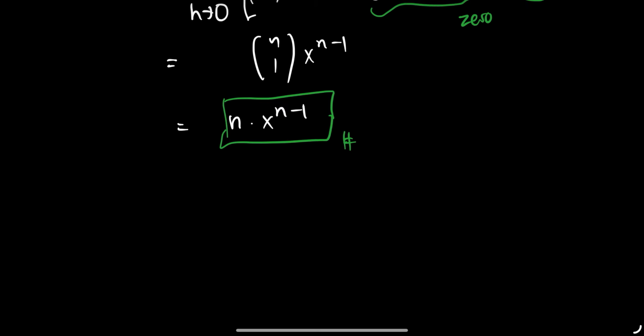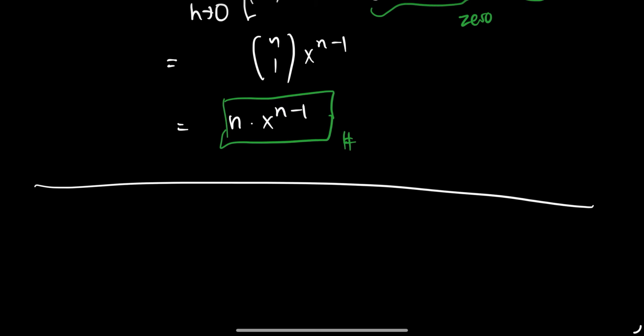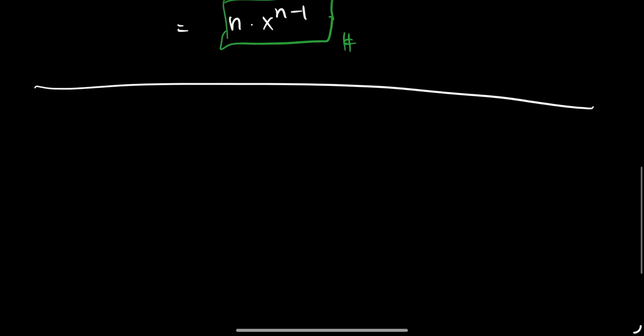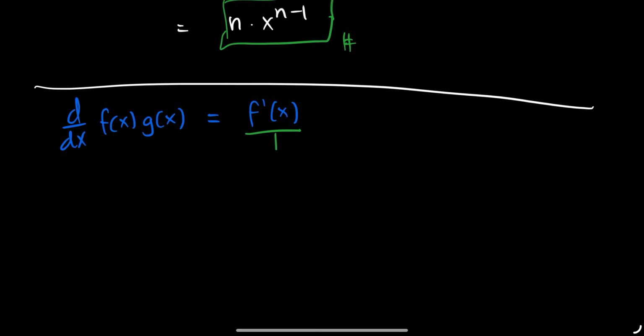Simple. So let's do the product rule. We know that the product rule is d over dx of f(x) g(x), right? And f prime is df over dx.